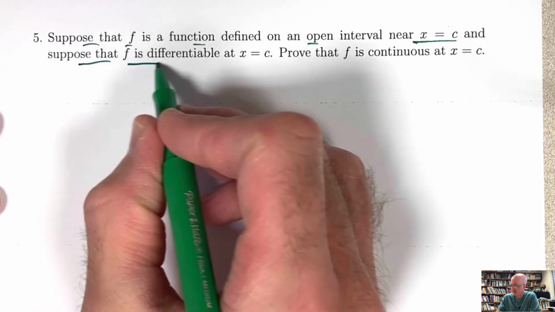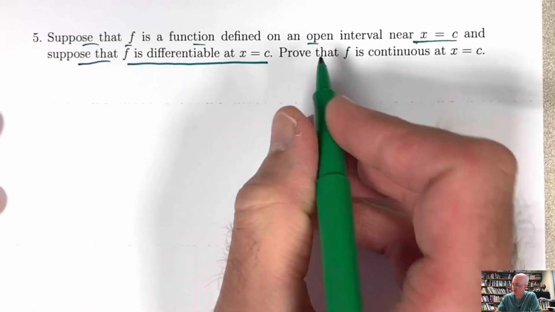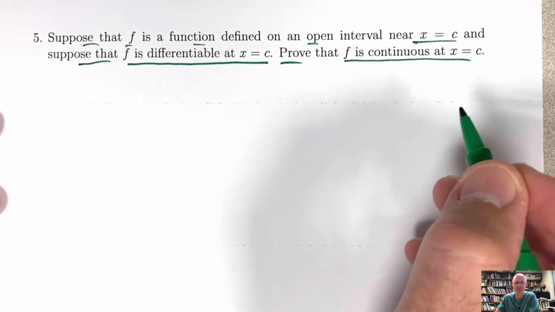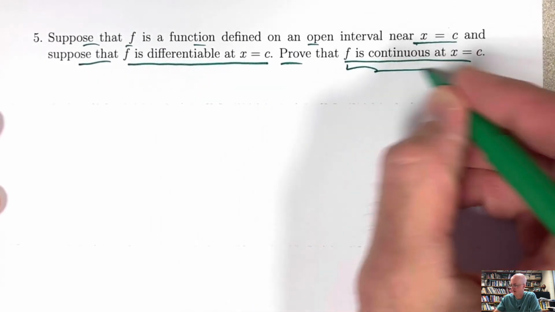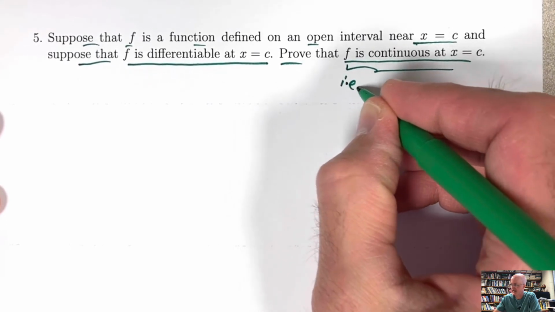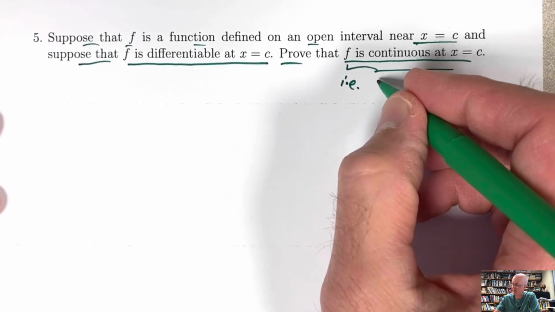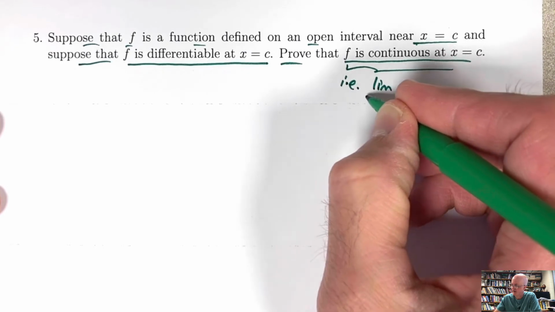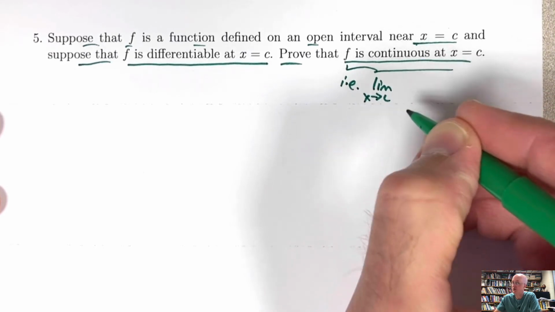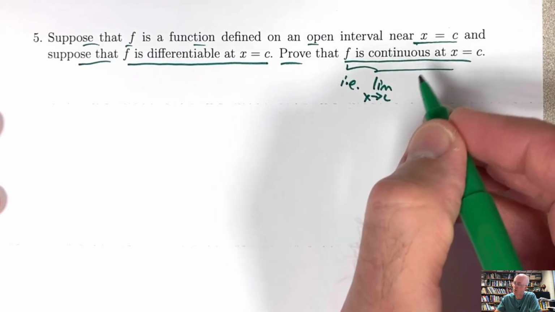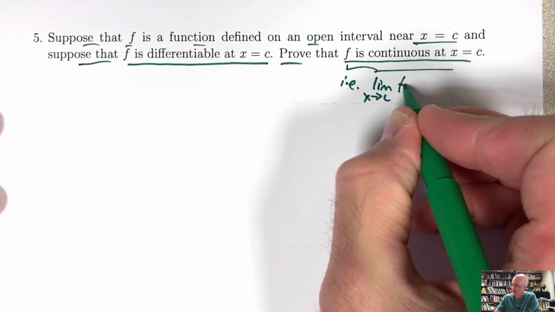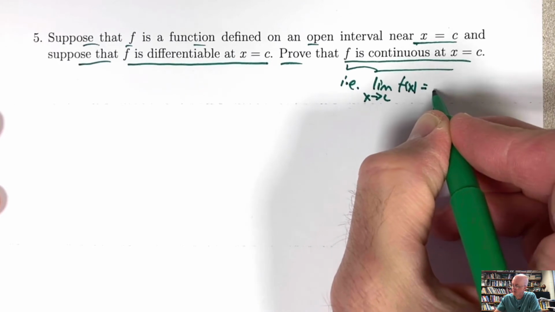Suppose that you know f is differentiable at c. The goal is to prove that f is continuous at c. Before we do the proof, let's think about what we would need to prove. What does it mean to be continuous at c? It means, we've talked about this before, the limit as x approaches c, the two-sided limit, which I can compute because I'm talking about this function being defined in an open interval near c, of f of x should equal the function value there.